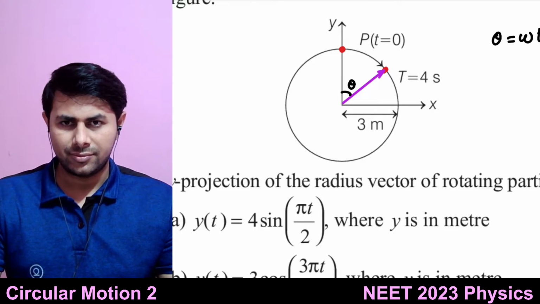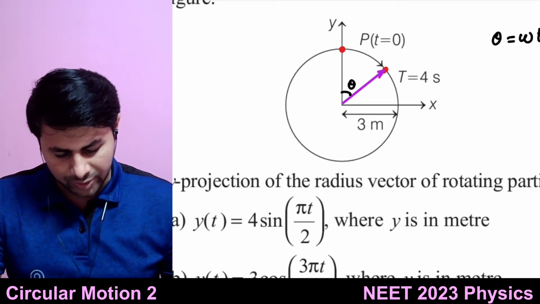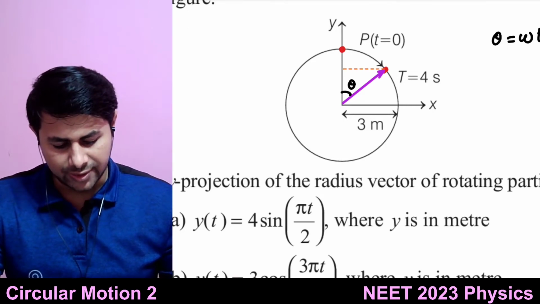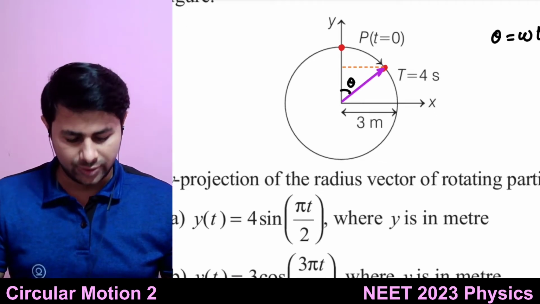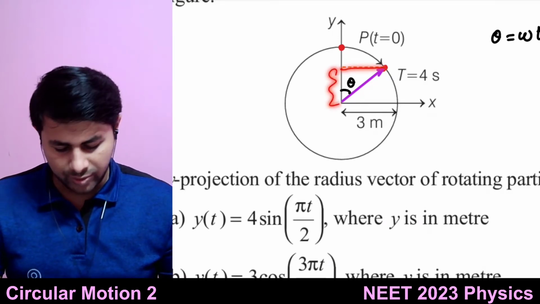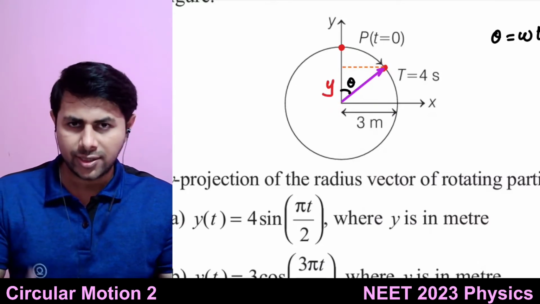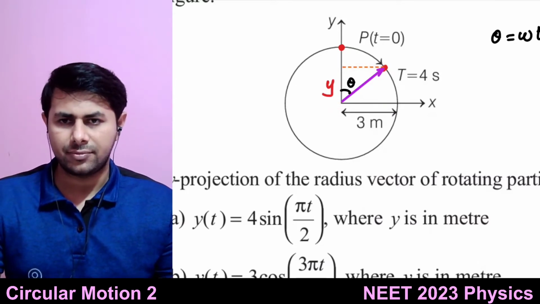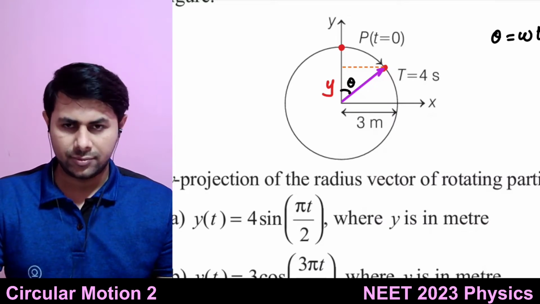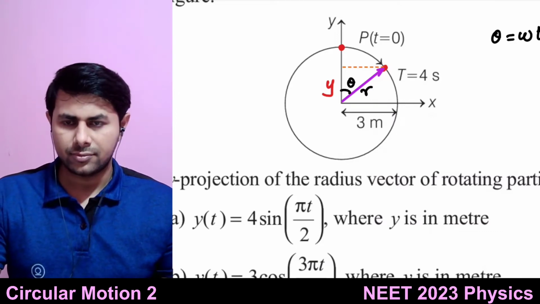Okay, and now I draw a perpendicular from here on the y-axis. I want the y projection, so I will draw a perpendicular on the y-axis. So what will be this y projection? It will be r cos theta or r sin theta. This is your r. Tell me.